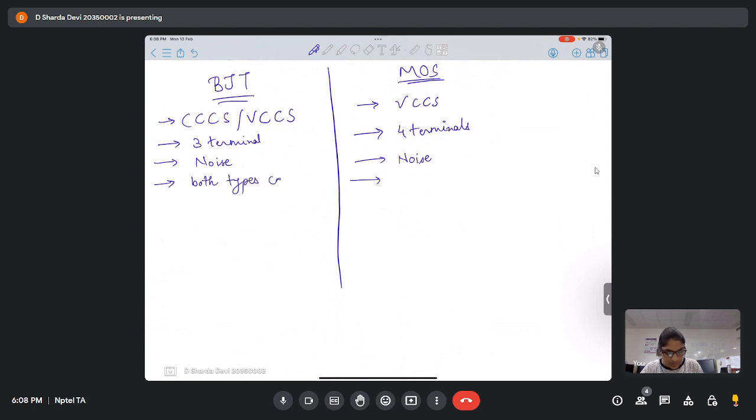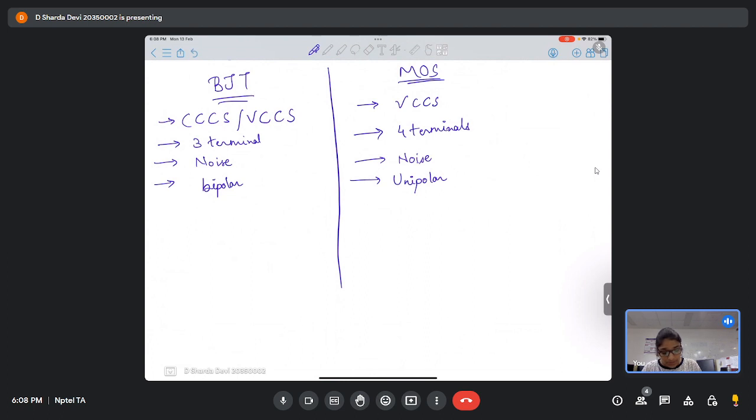Yes, both types of carriers are present in BJT, whereas only majority carriers in MOSFET. Or we can write it as bipolar, unipolar.